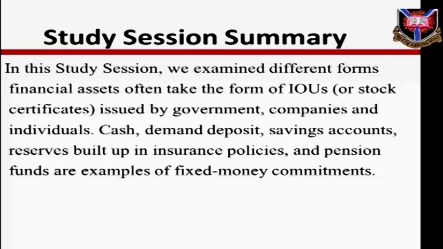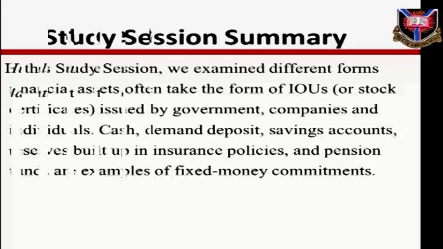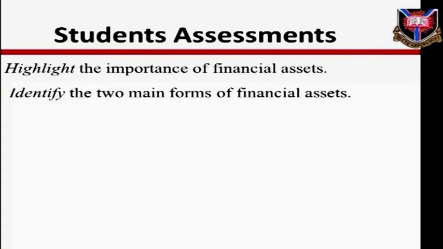Summary. In this study session, you learned that financial assets often take the form of IOUs issued by government, companies, and individuals. Cash, demand deposit, savings account, reserves built up in insurance policies, and pension funds are examples of fixed money commitment. Money, current account, and savings account are like debt.